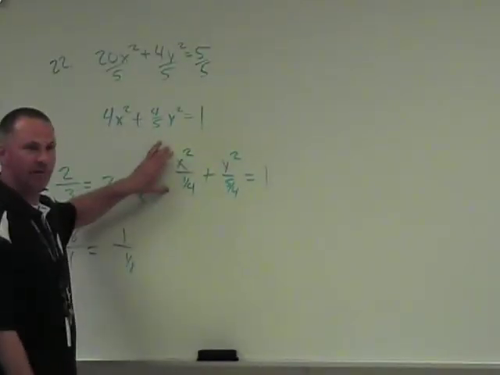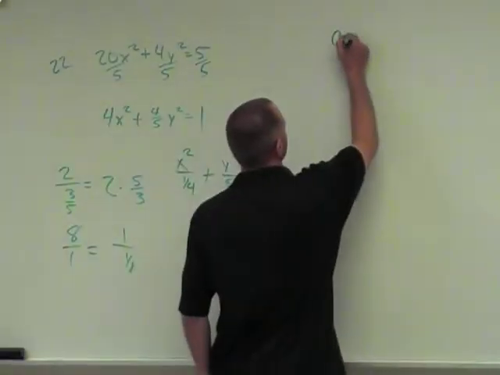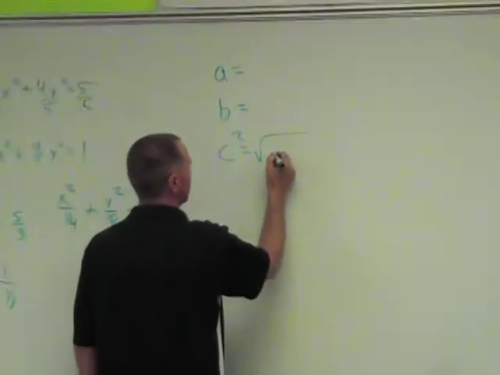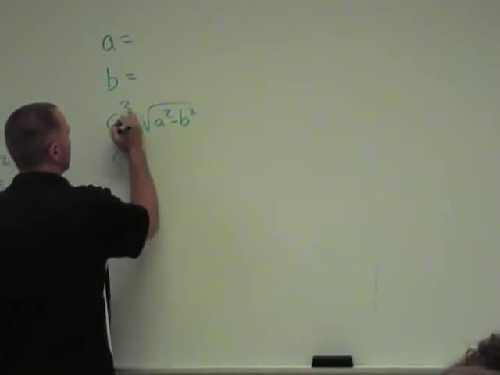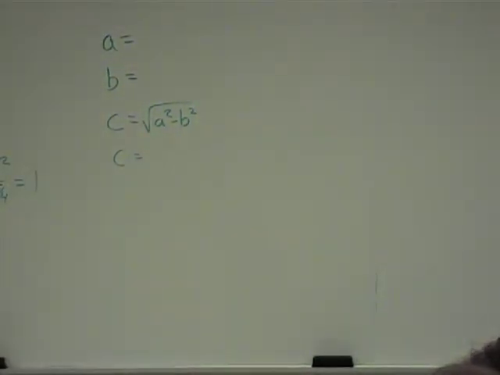So now you have the first 2 things that you needed. Guess what you got to do? A, B, and C. I'm just going to go ahead and write this. That's A squared minus B squared equals C squared. So let's figure these out. What's A?